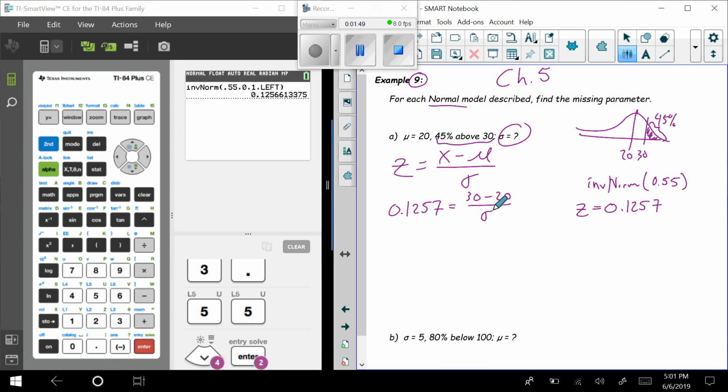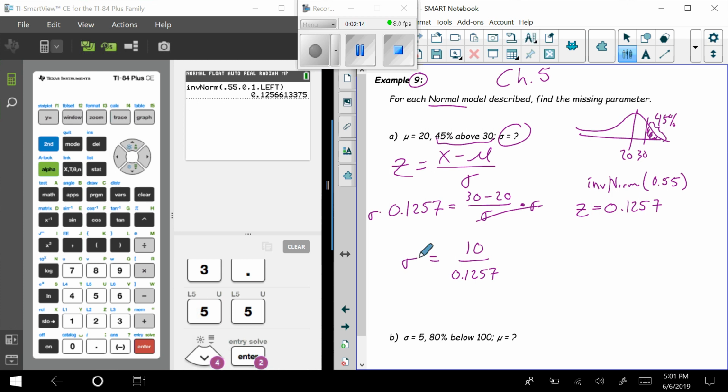Now, you are a statistics student. You should know how to do this here. You're multiplying this side by sigma, which then gives us, like, these cancel out, right? And I have my sigma over here. Well, that's what, 10? I get 10 then divided by 0.1257 should equal my sigma.